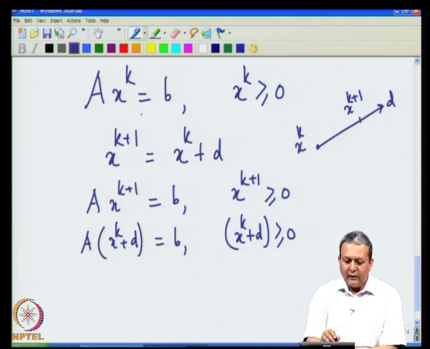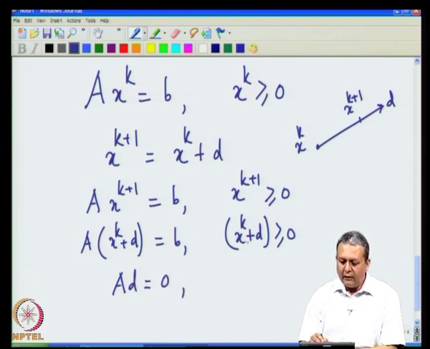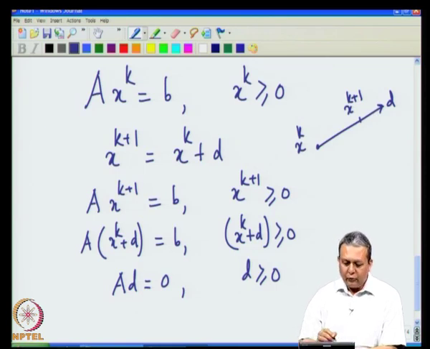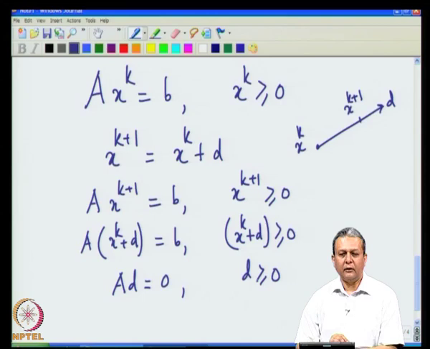So, since we already have A x_k equal to b, what we get is A d is equal to 0, and x_k is already greater than or equal to 0. So, we get d greater than or equal to 0. So, the direction that we are going to choose should be in the null space of the matrix A, and moreover all its components have to be non-negative.